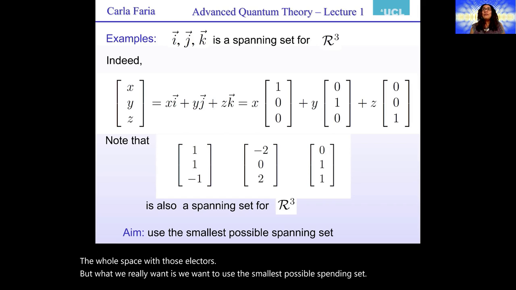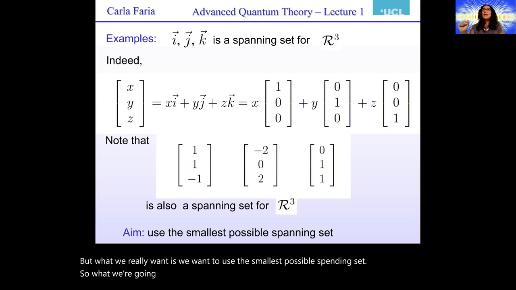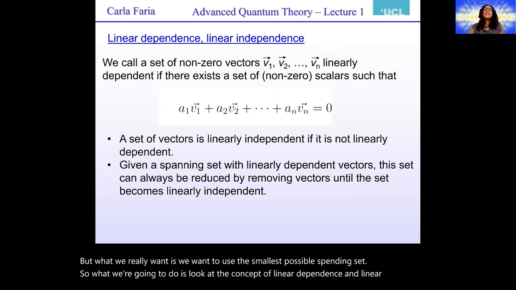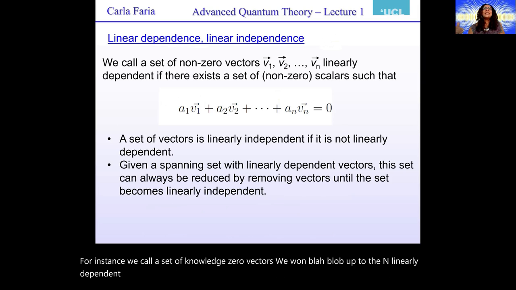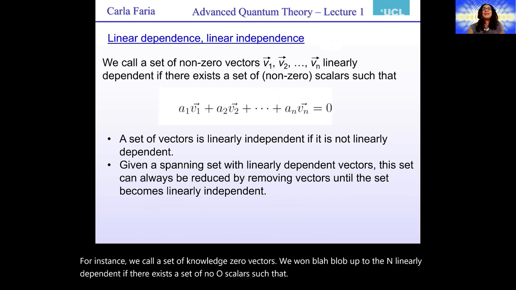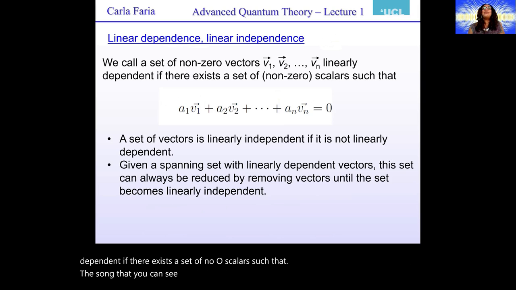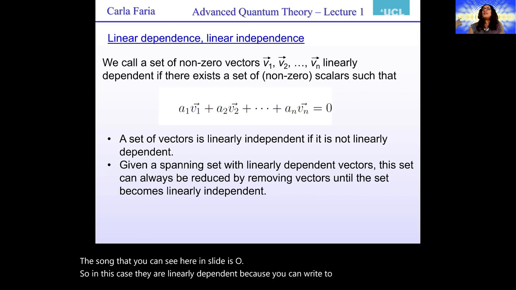So what we're going to do is look at the concept of linear dependence and linear independence. For instance, we call a set of non-zero vectors, v1 up to vn, linearly dependent if there exists a set of non-zero scalars such that the sum that you can see here in the slide is 0. So in this case, they are linearly dependent because you can write one of these vectors as a function of the others, right?